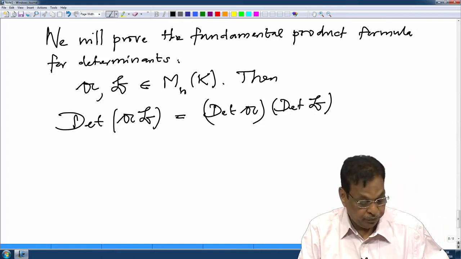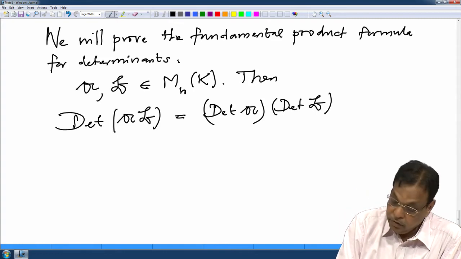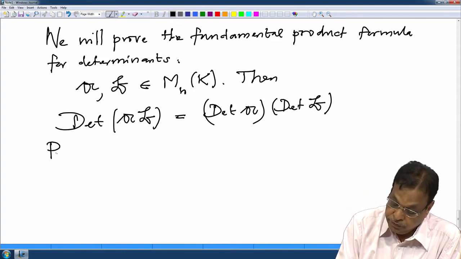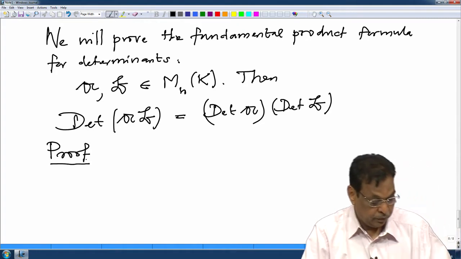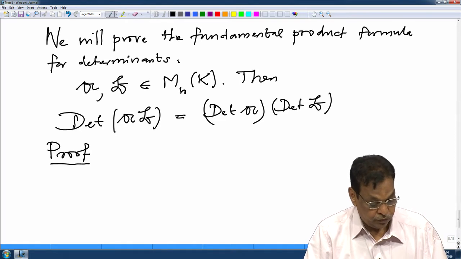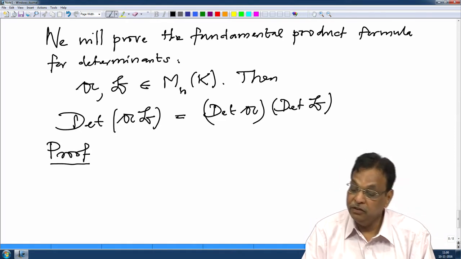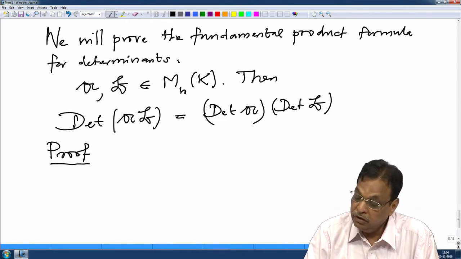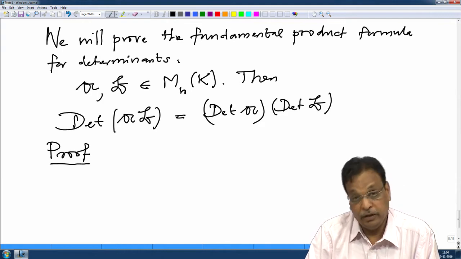Okay. So, proof. I will use the fact that this determinant function is alternating and n-multilinear.